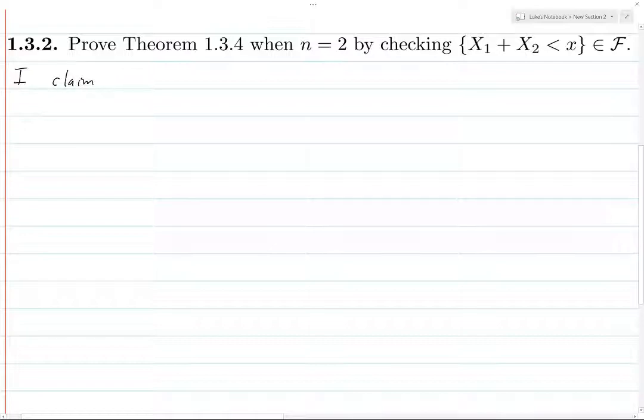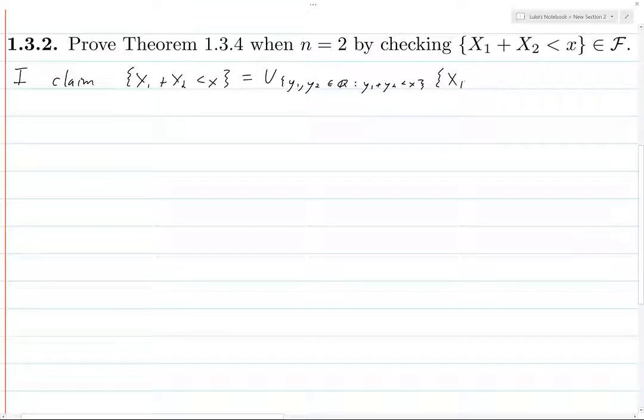I claim that x1 plus x2 strictly less than x, this subset of omega, is equal to the union of all elements y1 and y2 which are rational and which satisfy y1 plus y2 strictly less than x, and then we take x1 strictly less than y1 intersected with x2 strictly less than y2.